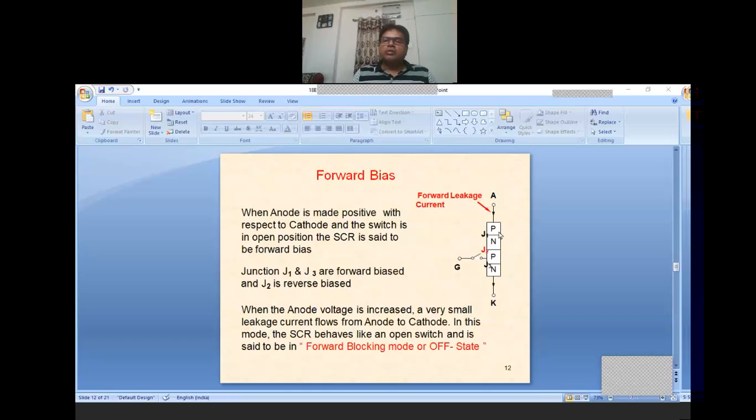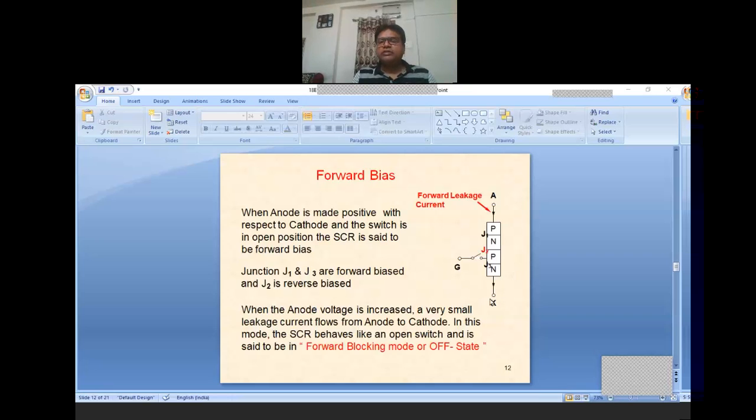So both holes and electrons are trying to enter junction J1 in opposite directions. The depletion layer, or width of the junction, will decrease.